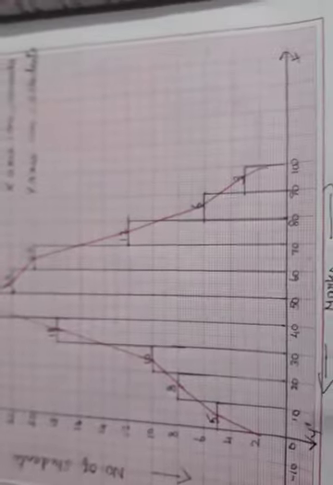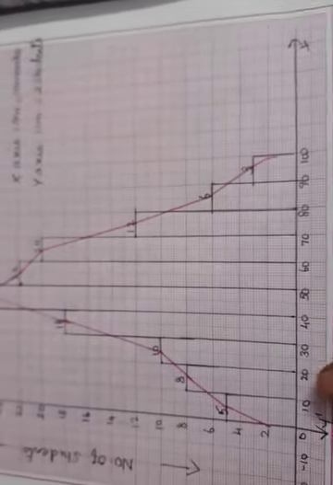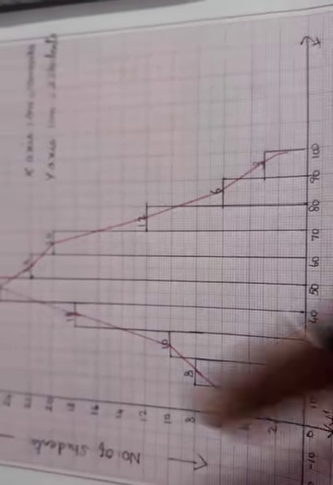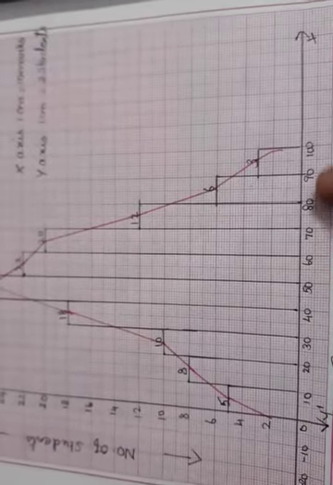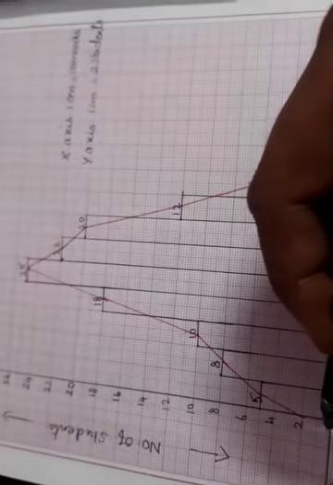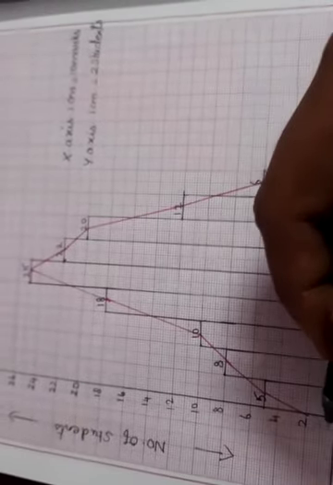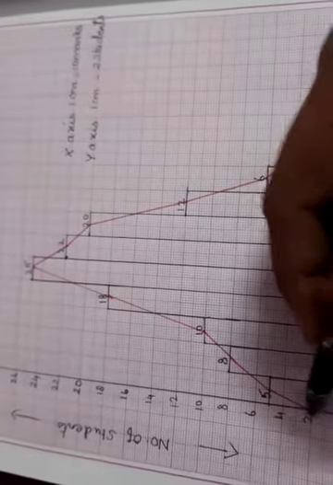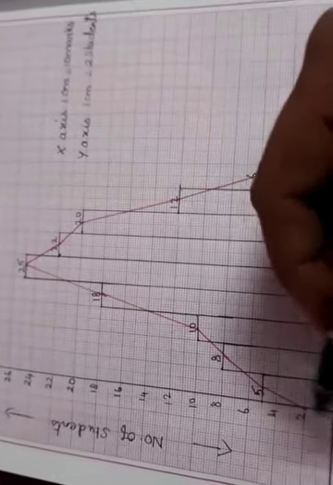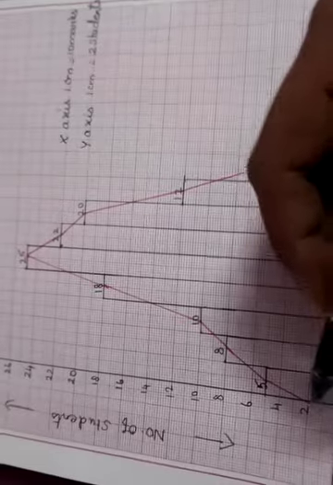The horizontal line is the x-axis, the vertical line is the y-axis. Then 10, 20, 30, 40, 50, 60, 70, 80, 90, 100. On the y-axis, 1 centimeter represents 2 students. One box has 2 students.